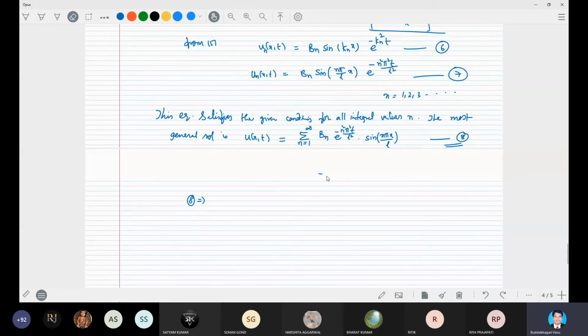Suppose there is some function of x given at t = 0, that is, if there is any initial condition for the given problem. Here I am just giving you one note.